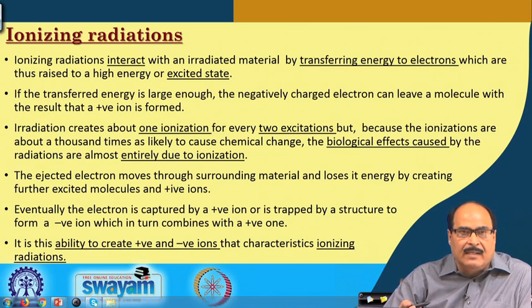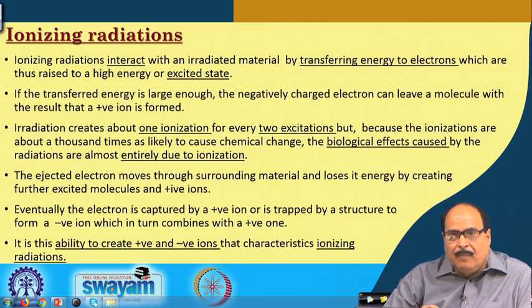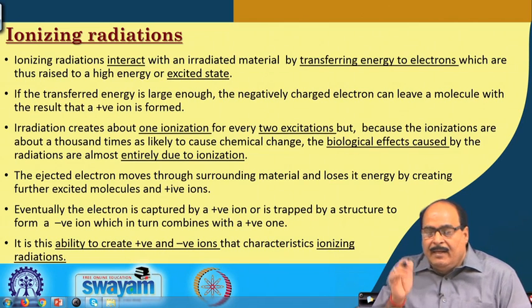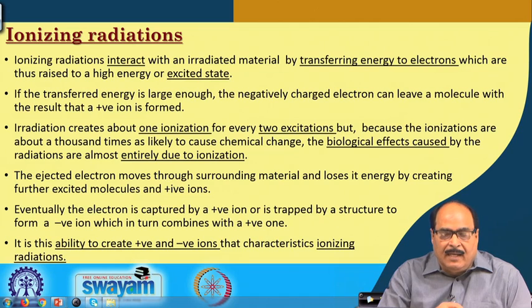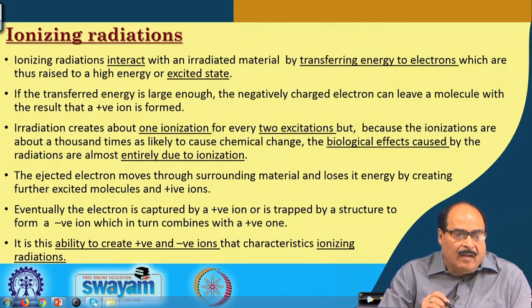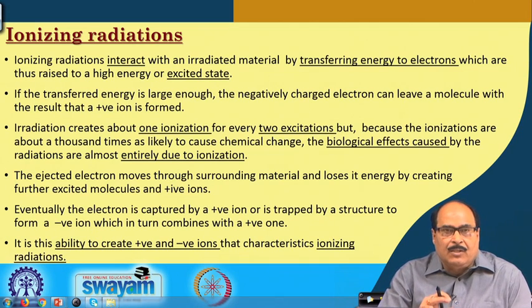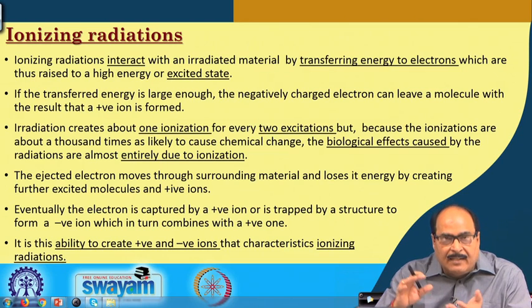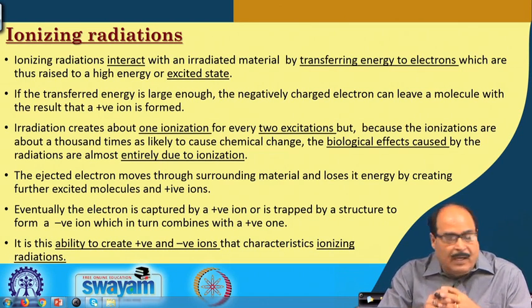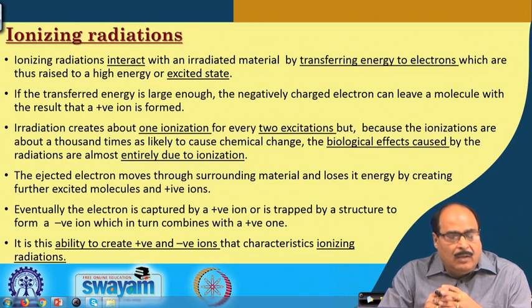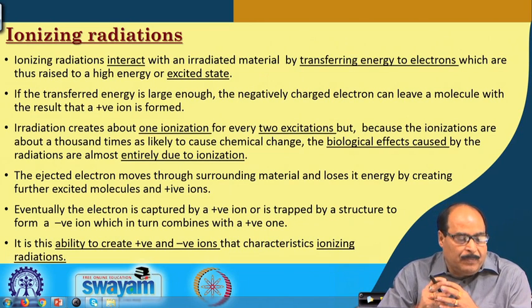These ionizing radiations interact with an irradiated material by transferring energy to electrons, and these electrons, after getting the energy, are raised to a high energy or excited state. If the transferred energy is large enough, the negatively charged electron can leave a molecule and thereby give a positive ion.